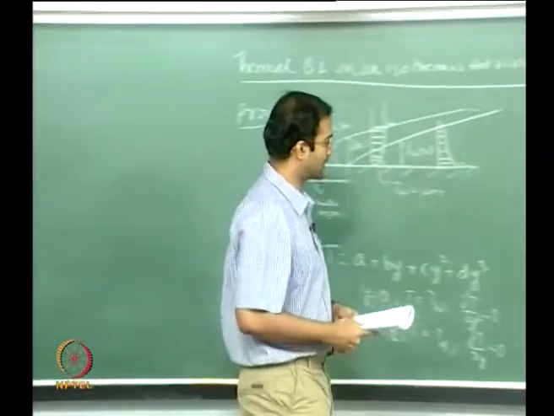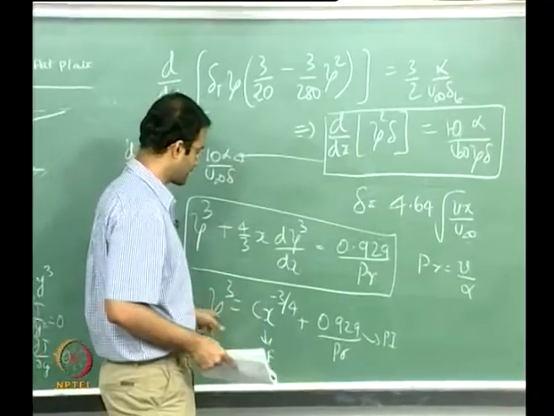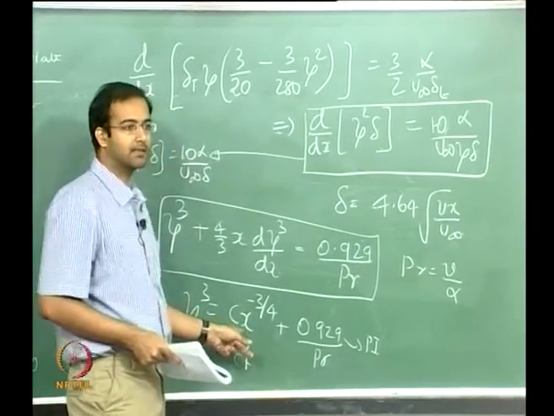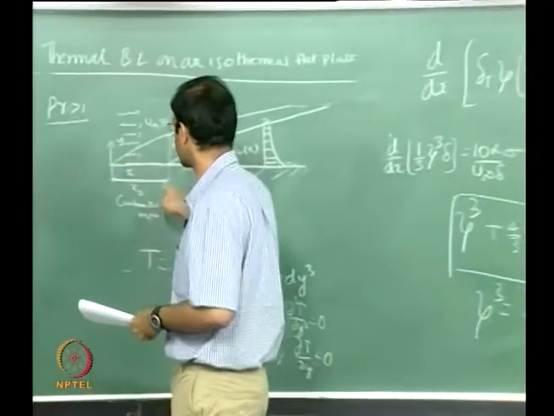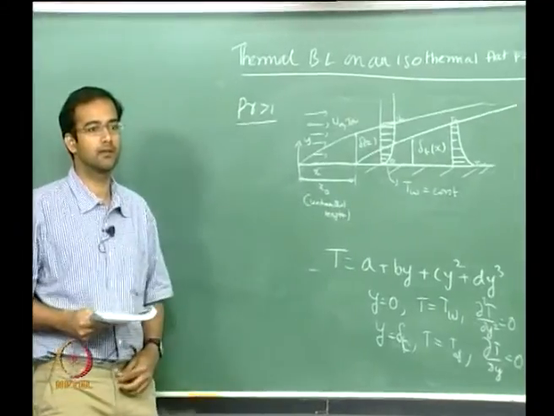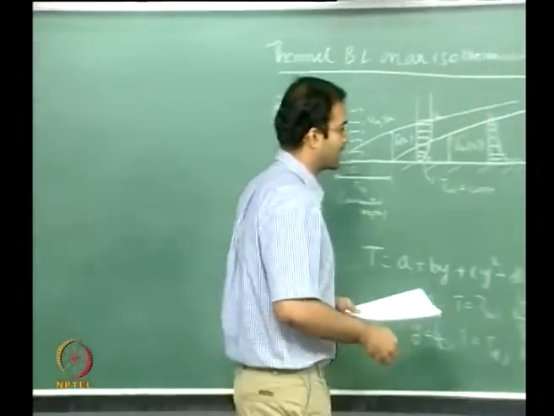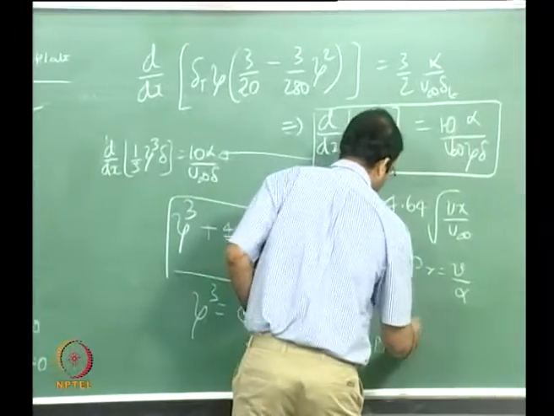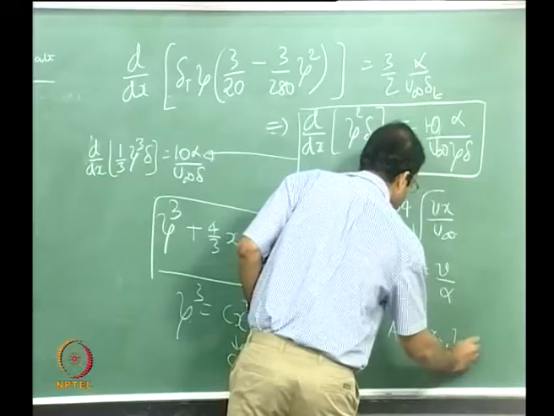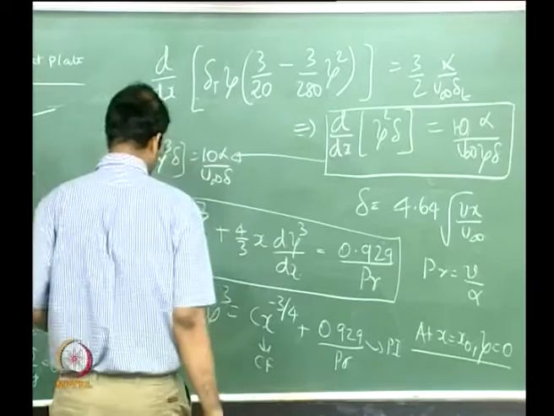So once you determine the solution, now we have to determine this constant. Therefore we should give a boundary condition for zeta. For the generic case at x equal to x naught, your zeta should be 0. So if you put that condition, at x equal to x naught, zeta equals 0, what will be the constant?